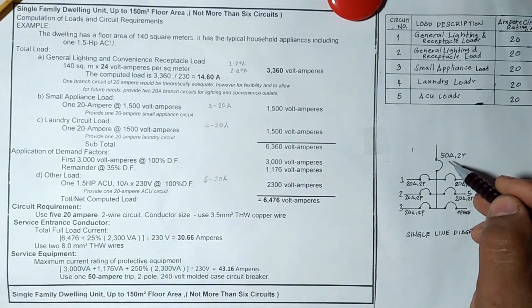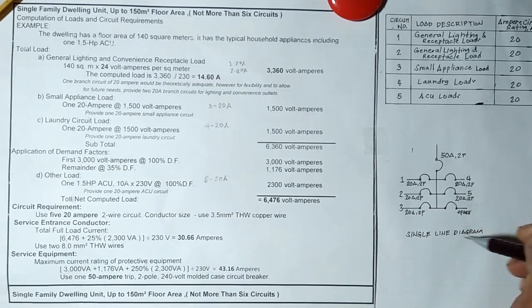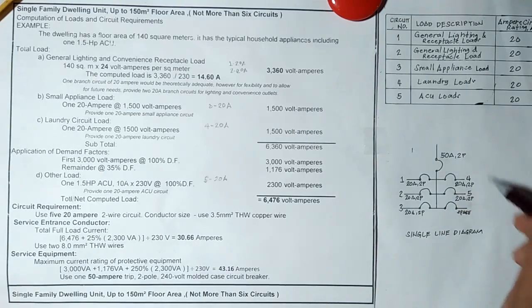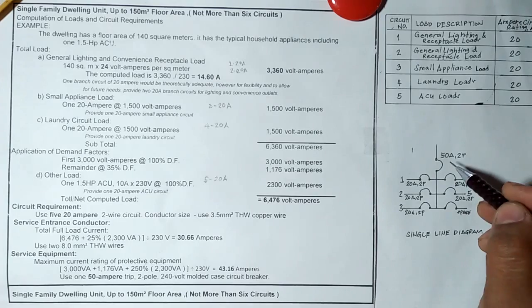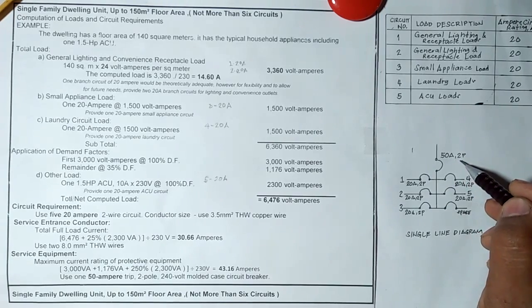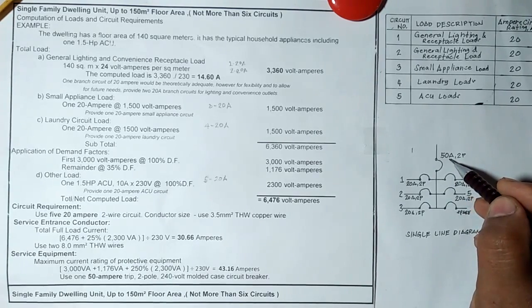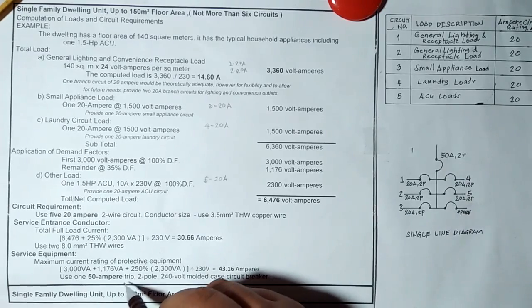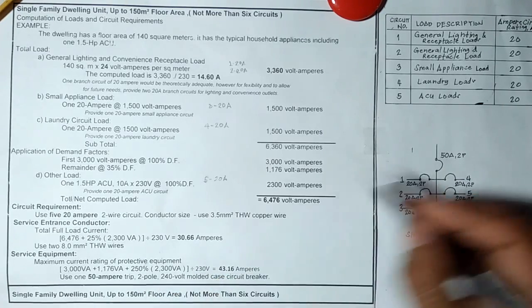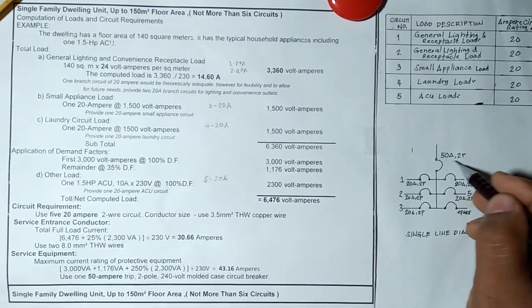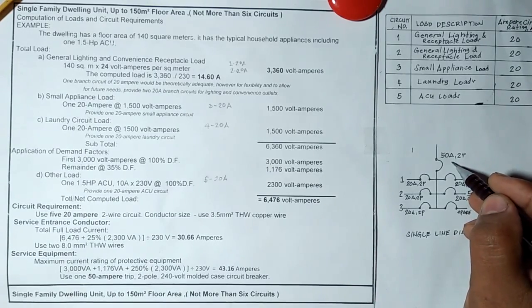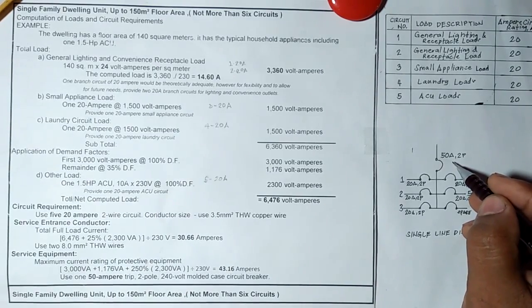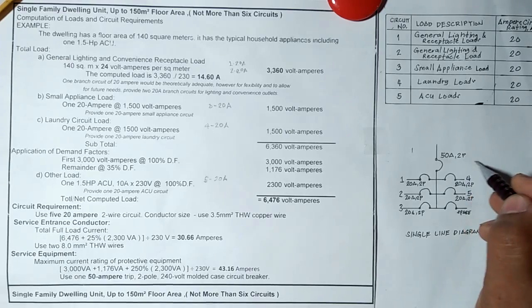So here I draw one single line diagram of our house design. So 50 ampere 2-pole as our main breaker. Ito po, service equipment protective device. It will be our means of the disconnection of the branch circuit.